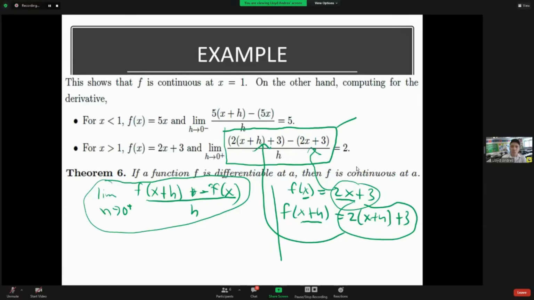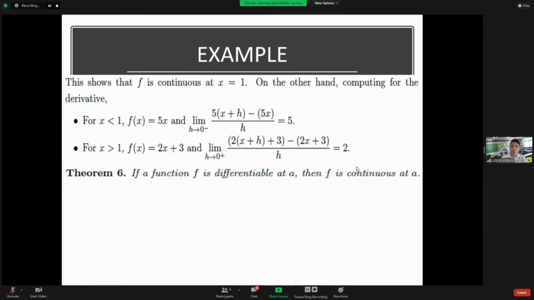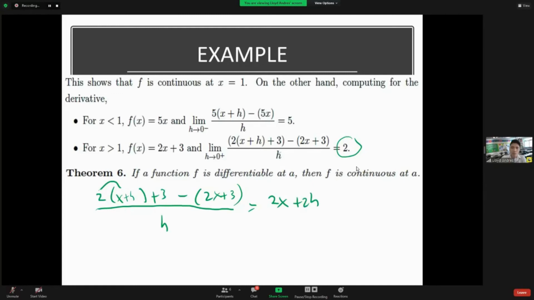Okay, so ang question na po, nganong 2 to? So, focus na po ta diha kay 2 times x plus h plus 3 minus the quantity of 2x plus 3 all over h. Solving that one, distribute lang nato si 2. So, 2x plus 2h. Tapos plus 3.